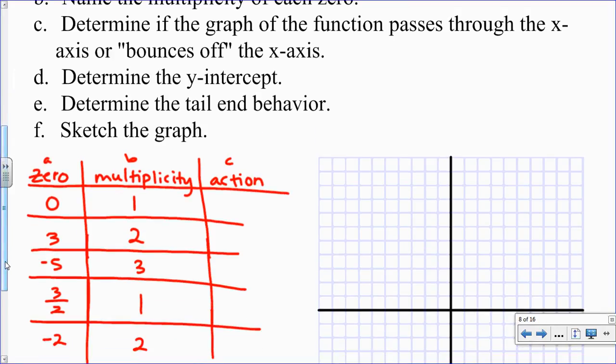Okay, so let's talk about the actions. So we did these yesterday. So when it's odd, it goes through the graph. All right, and specifically when it's 1, it goes straight through. All other odd multiplicities have a little inflection. When it's even, so when the multiplicity is 2, then there's a bounce.